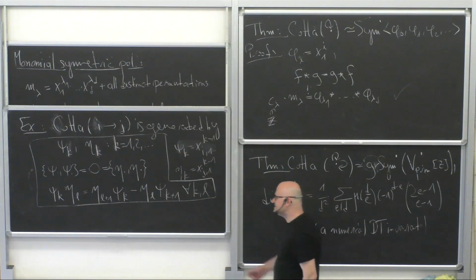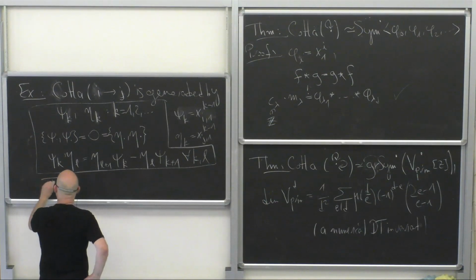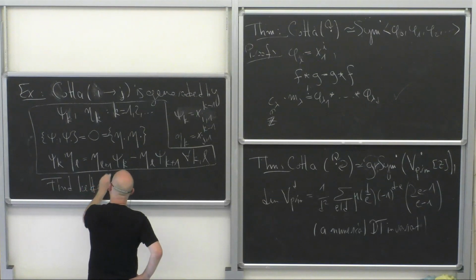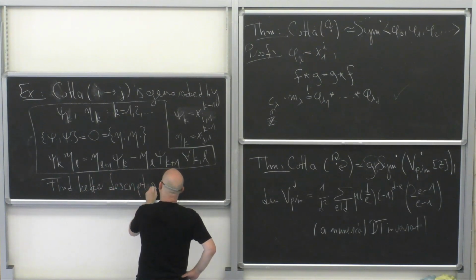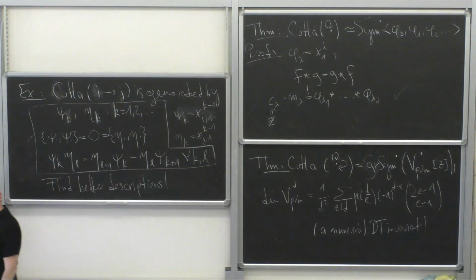And I'm not convinced that this is the best description. There should be better descriptions than this. I mean, this is the most natural set of generators you find, and then you get this set of defining relations, which is not nice.